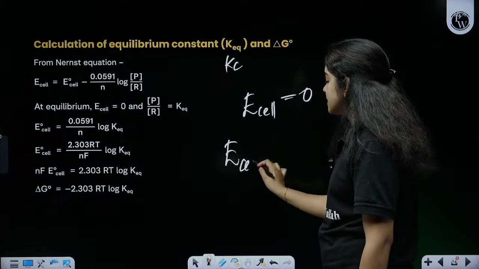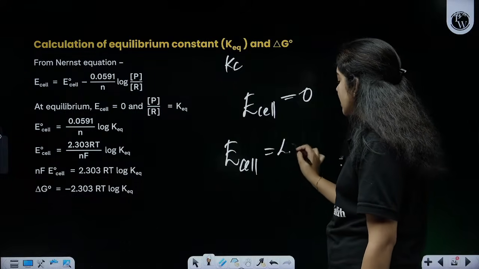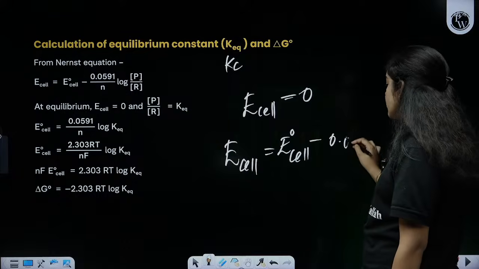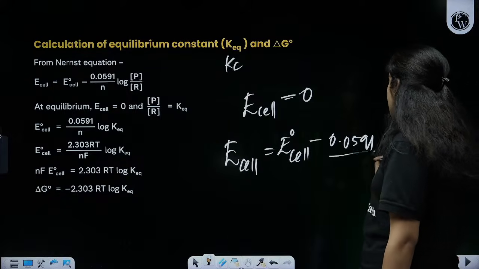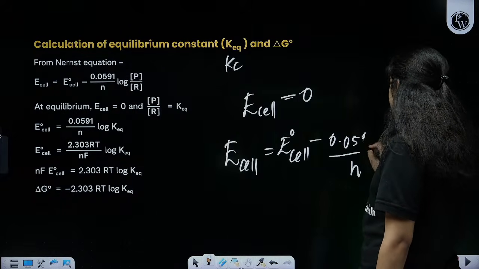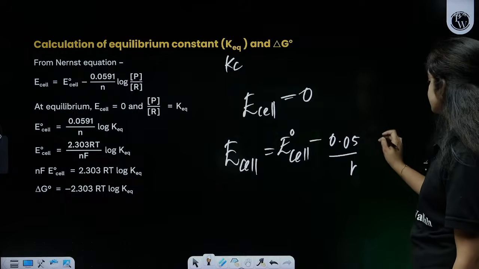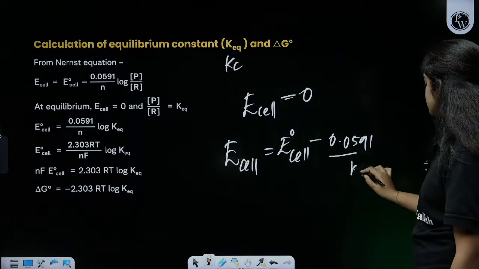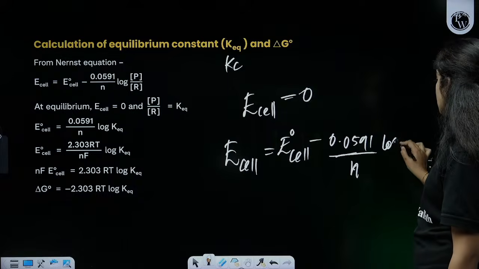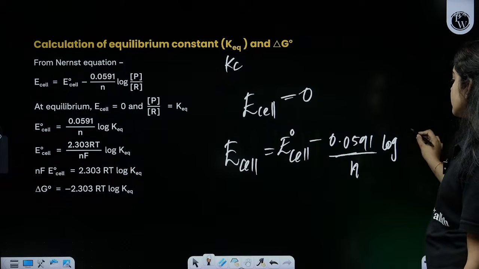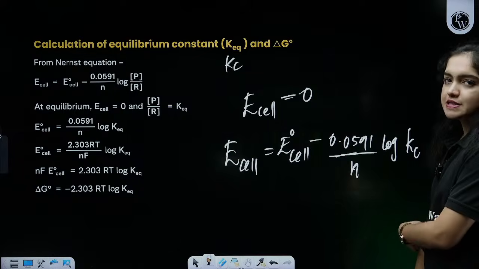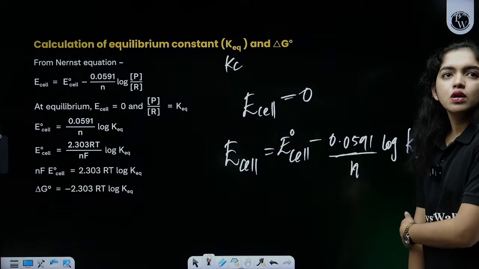E cell equal to E0 cell minus 0.059 divided by N log Kc.